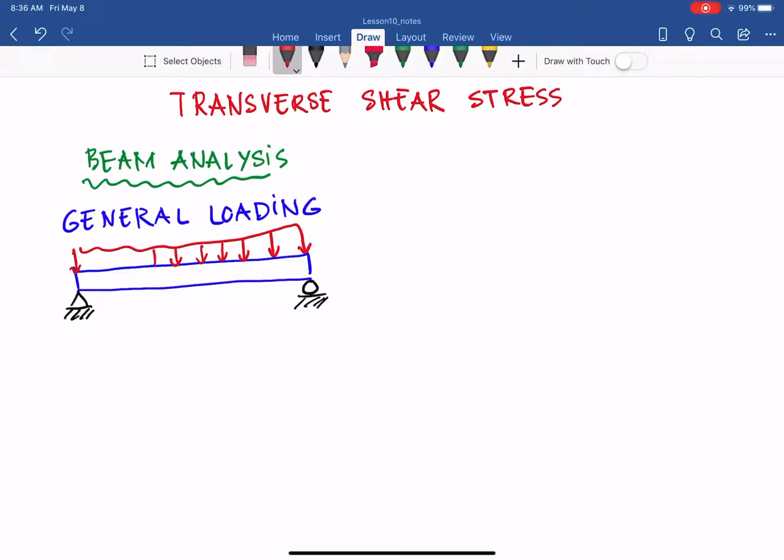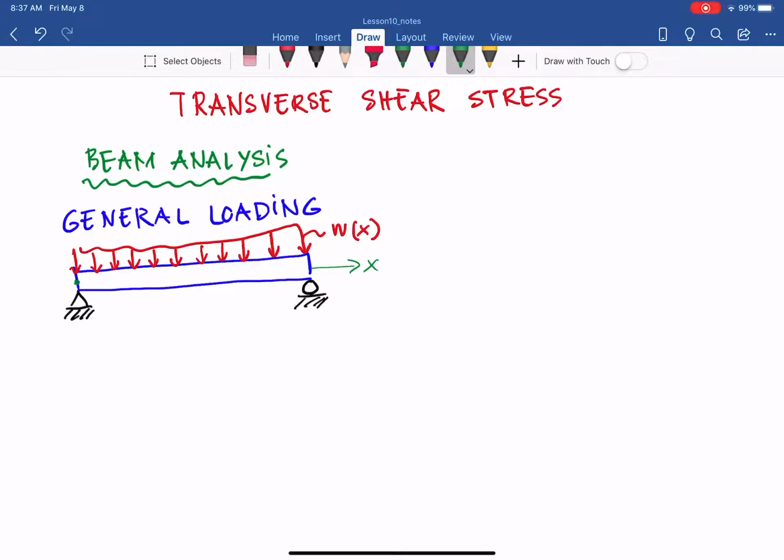It doesn't need to be a uniform distributed load. It is any random distributed load as a function of x, with x going from the left to the right of the member.